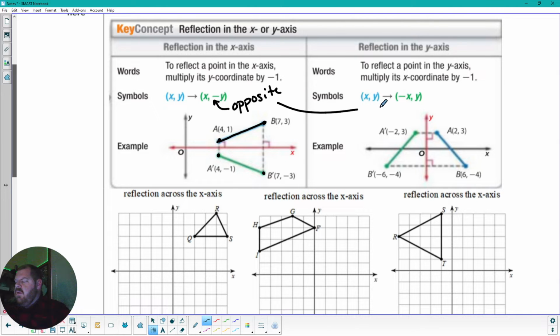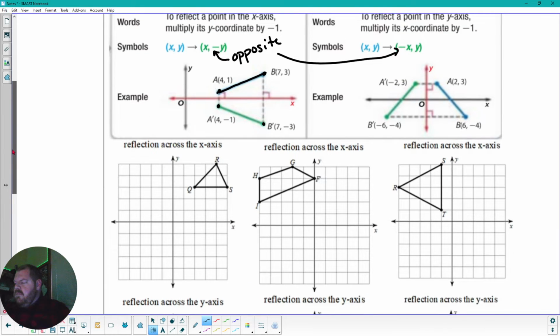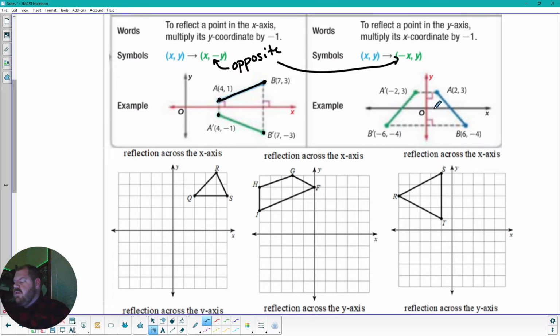That makes it a little bit easier to work with. Looking at this one too, we're reflecting across, or flipping over, or looking at the reflection in the y-axis. Those are all different ways to say the same thing.